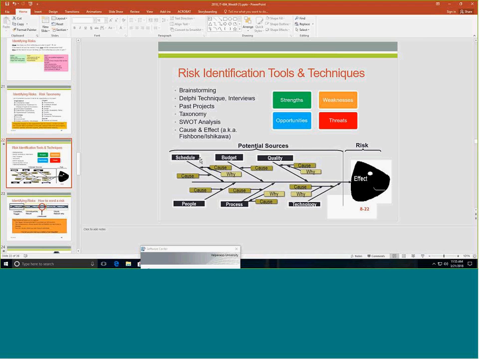Here we have 6 typical categories: schedule, budget, quality, people, process, and technologies. These categories can change based on the industry or the activity that you're doing, but I always suggest using these.